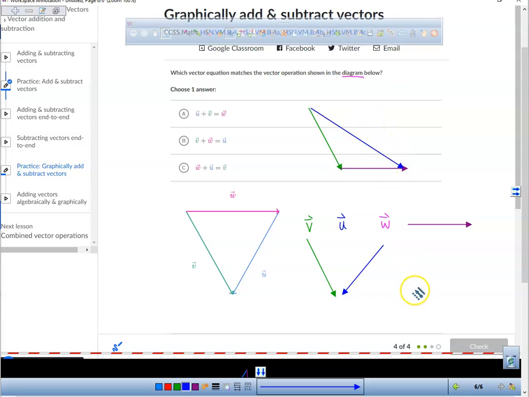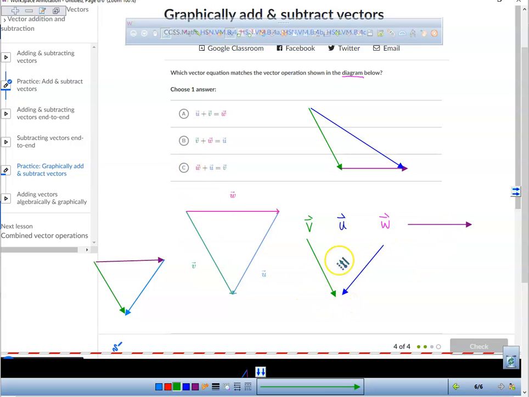No. Okay. How about this? W. W goes straight to the right. U goes what direction? Right? Down to the left. Is that going to be equal to V, which goes which direction? Right there. So I'm going to choose answer choice C.